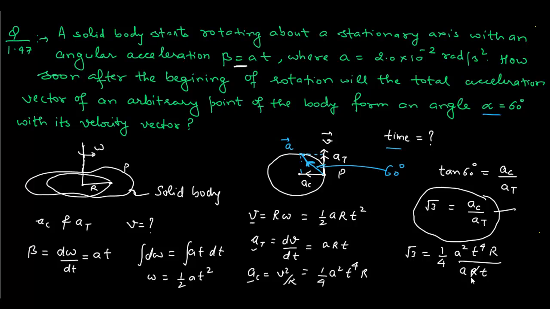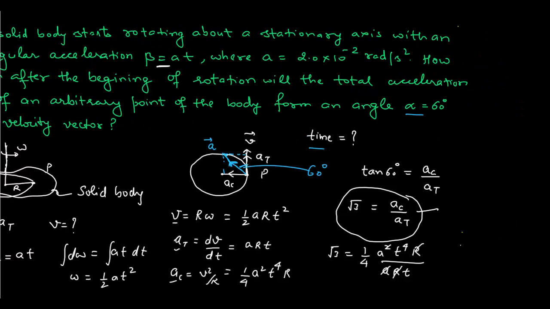So r gets cancelled, a gets cancelled, and only a is left here. So from here you can write t cube is equal to 4 root 3 divided by a, and solving this we will get t equal to 7 seconds.